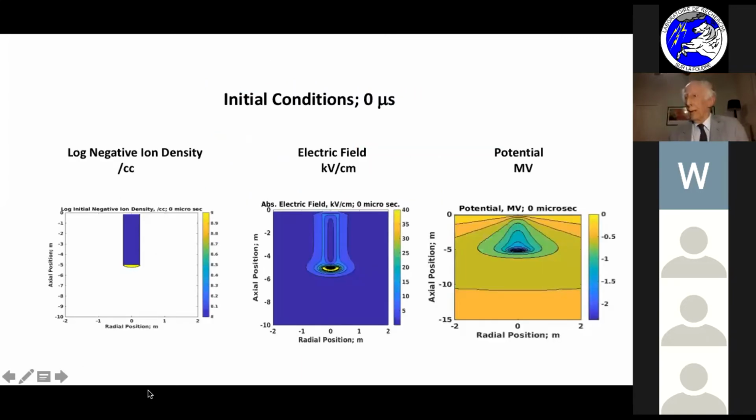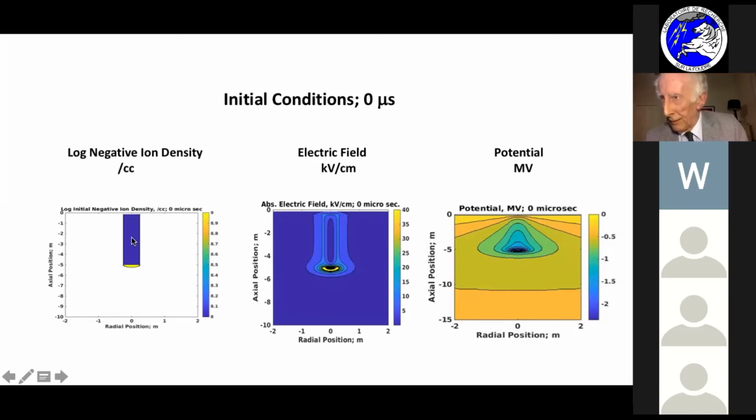Now I want to do a calculation, and I want to start off with initial ionization in the cloud. And I don't know what charge structures there are in a cloud, but I want to get a field of more than 25 kV per centimetre to get ionization.